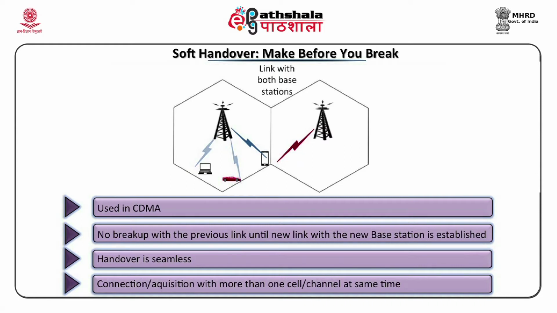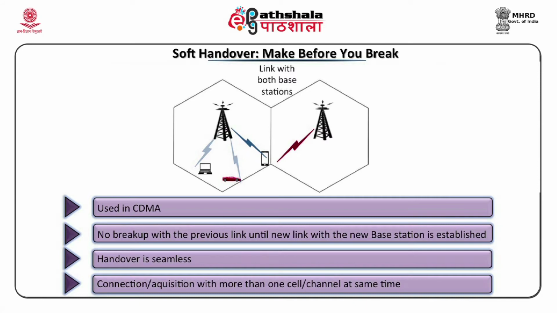The mobile station is in link with both the base stations at the same time. This type of handover is very common in CDMA, because in CDMA the whole of the bandwidth is available to all the users at all times. So, there is no use of releasing the old frequency channel and getting the new frequency channel. GSM uses hard handovers, whereas CDMA uses soft handovers.